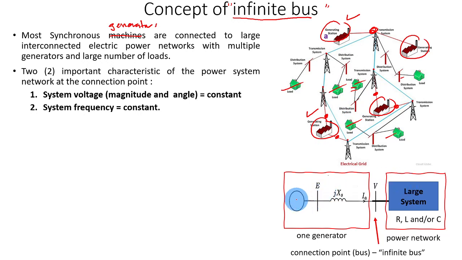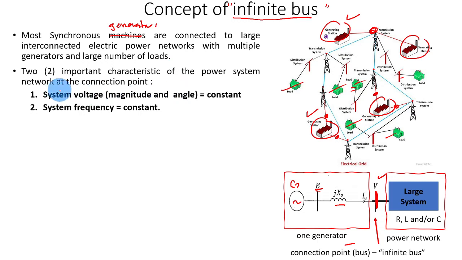Say you have a generator here, connected to a bus, with the field voltage, the armature voltage, the synchronous reactance and the current flowing through, and this is the bus where the connection point is.